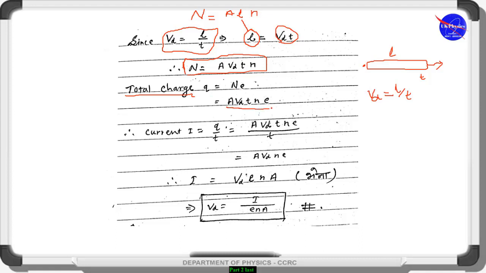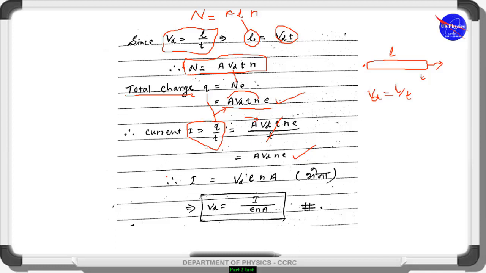Because the value of N is here, we can put this value of N, and finally we got this expression. And now we can define the current. Current is Q by t. The expression for Q is here, so this one divided by t, and this t can be cancelled out, and finally we got this expression.